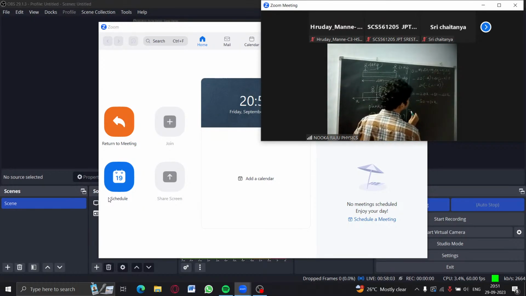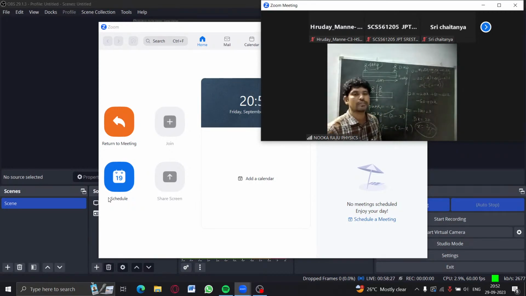Minus 20x, minus 60x plus 30x... plus 20 equals 0. So therefore, 30x equals 20. x is equal to 2 by 3 meters. Right? That is the x value.